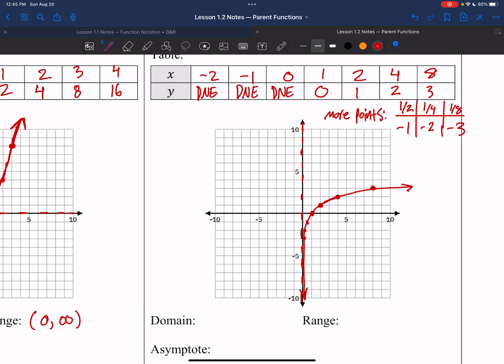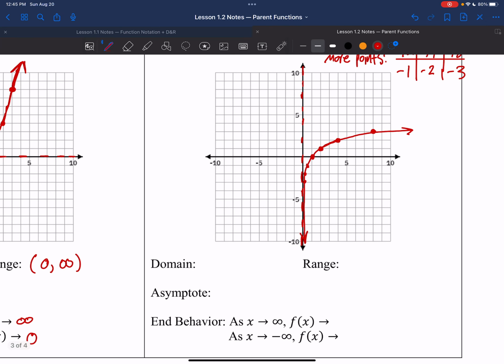And if I gave you this graph, you should be able to figure out the domain and range. There's an asymptote at 0, which is x equals 0. So the domain is starting here around 0, but not touching it, going to infinity. So that is parentheses 0 to infinity. And notice the range, up and down forever, is all real numbers.